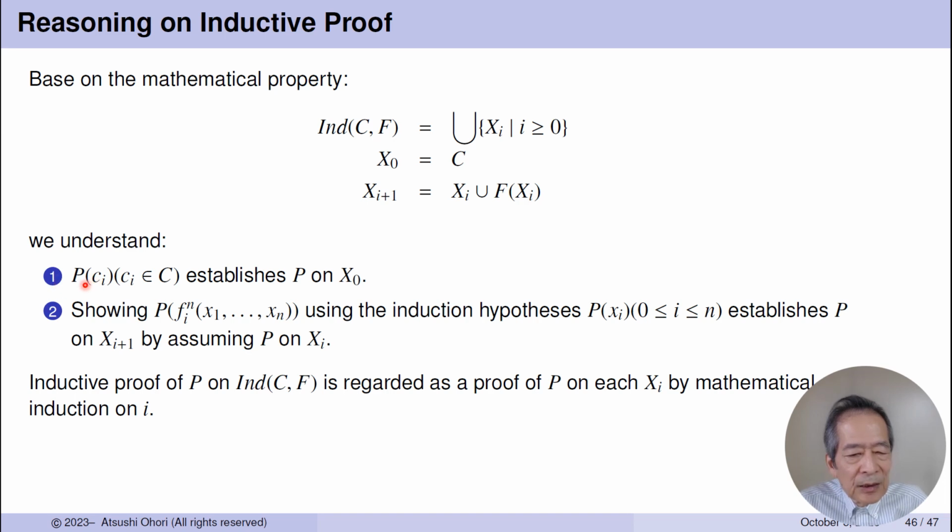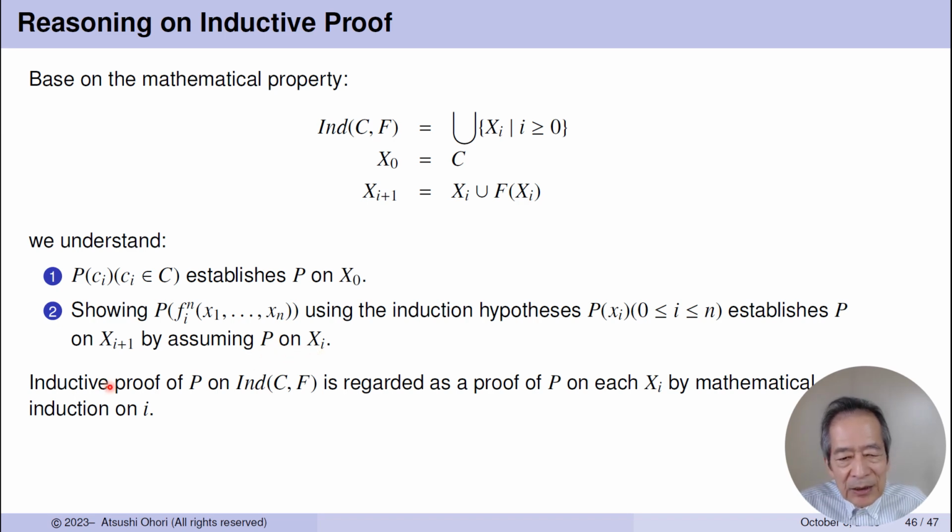In this understanding of the inductive closure, we understand that the inductive proof shows these two. First, the basis: P of Ci for each Ci in C. This property establishes the desired property P on set x0, right? And then the induction step, that is showing P for the component constructed by Fi using the induction hypothesis P of xi, establishes P on xi plus 1 by assuming P on xi.